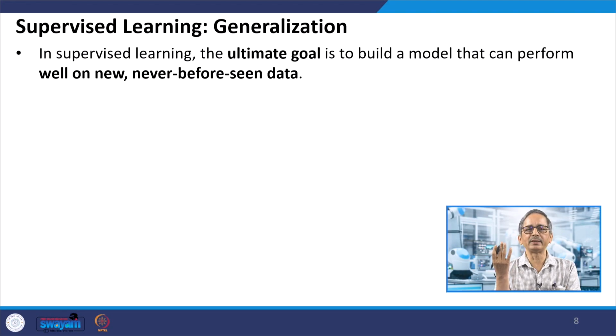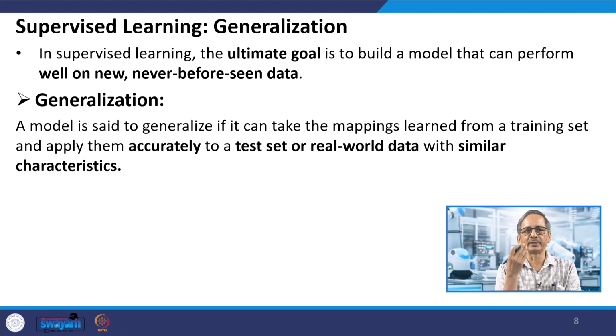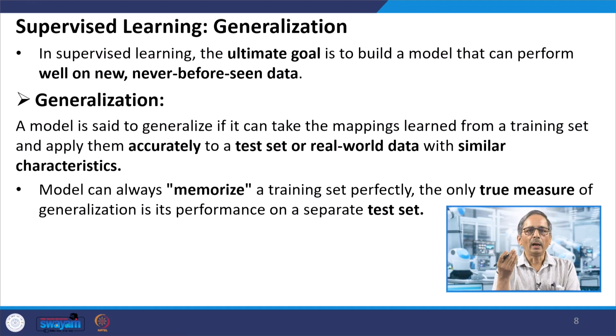In any supervised learning, the ultimate goal is to build a model that can perform well on new or never before seen data, as we have seen previously. Our model was not trained on the test data. So, there is a concept called generalization, and it says that a model is generalized if it can take the mapping learned from the training set and apply it accurately to a test set or real world data with similar characteristics.